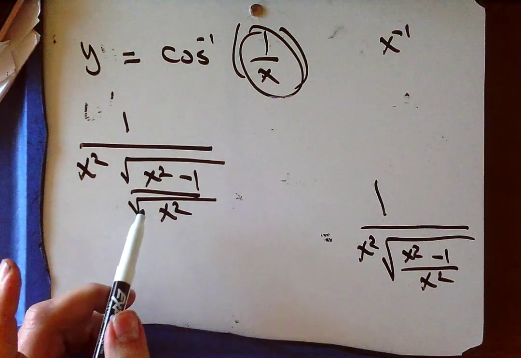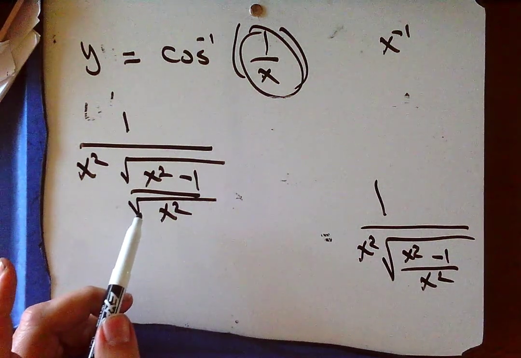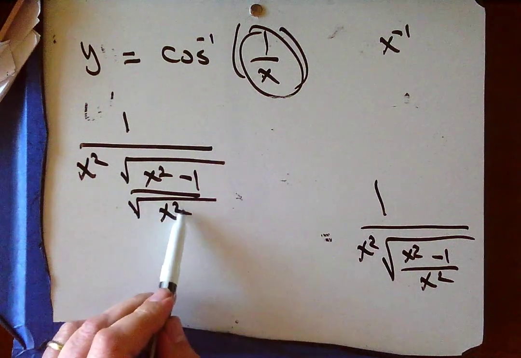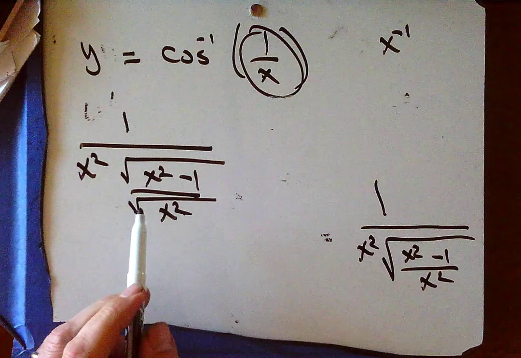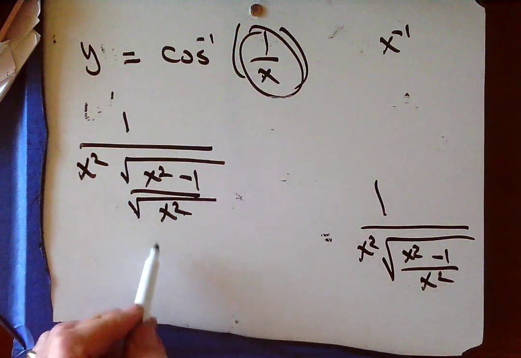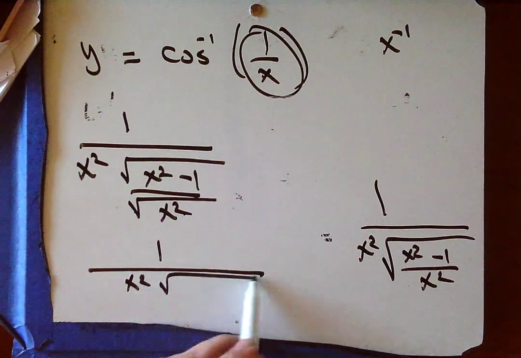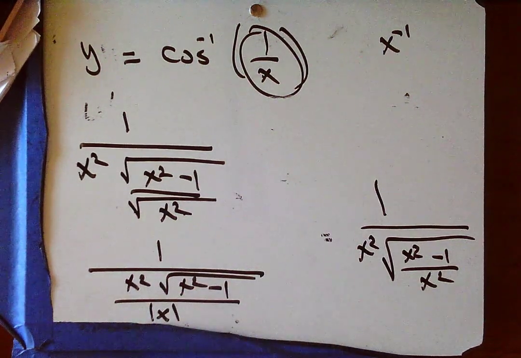However, remember, both from pre-cal and from August in calculus, the square root of x squared is not x. It's absolute x. So what do I have? I have 1 over x squared square root x squared minus 1 over absolute x.